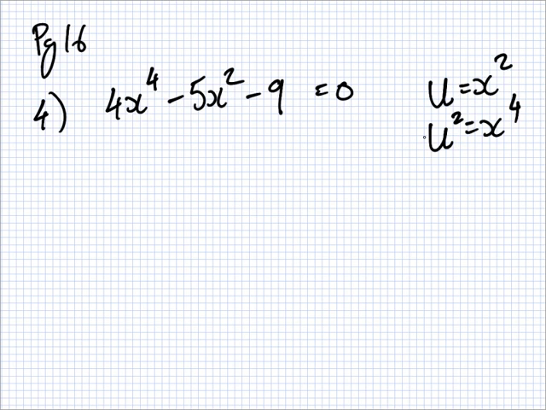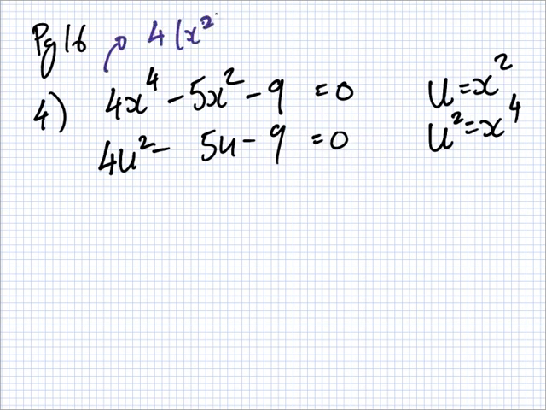So you have 4u squared minus 5u minus 9 equals 0. But as you said, you could have spotted that this is a quadratic like this: 4x squared squared minus 5x squared minus 9. But you didn't have to do that, because I actually suggested using u. So this is the quadratic to solve.